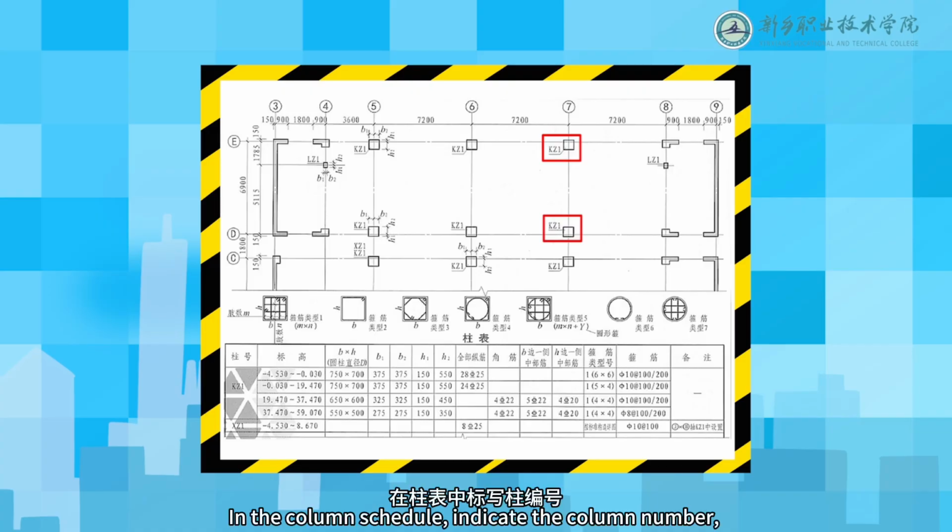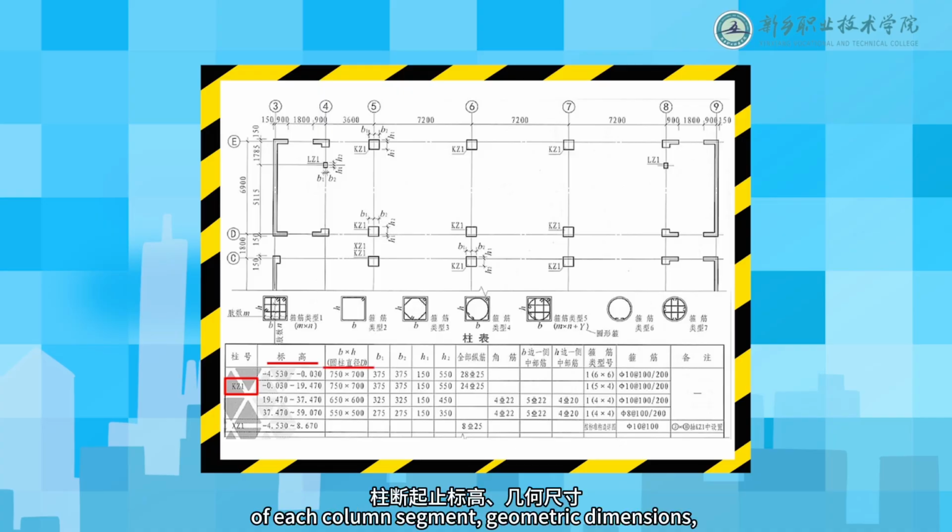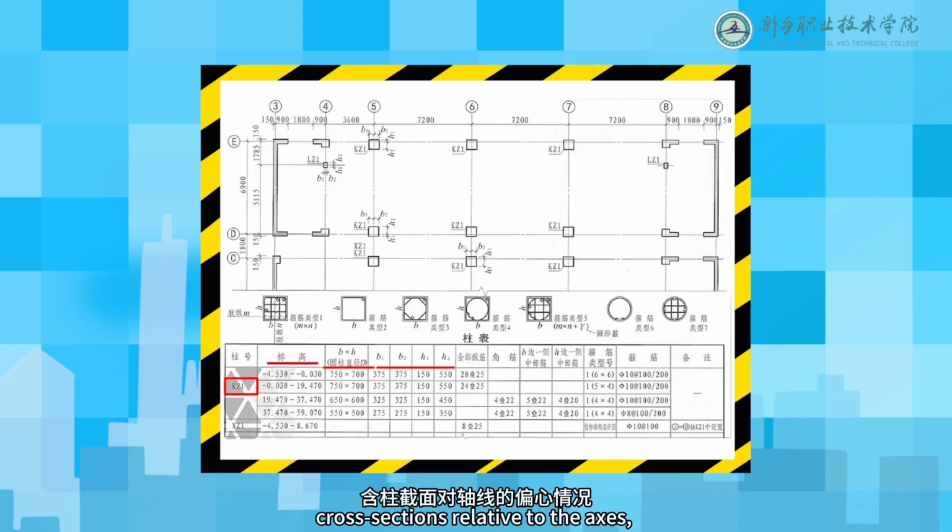In the column schedule, indicate the column number, the start and end elevations of each column segment, geometric dimensions, the eccentricity of the column cross-sections relative to the axis, and the specific reinforcement values, supplemented with diagrams of various column cross-section shapes and their stirrup types to represent the column plan drawing.